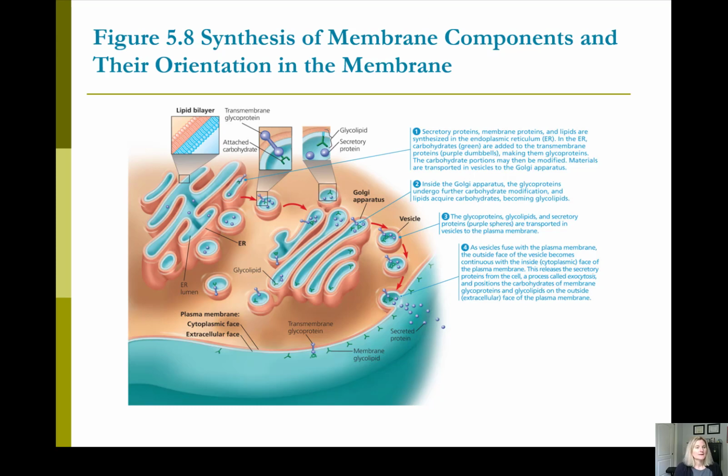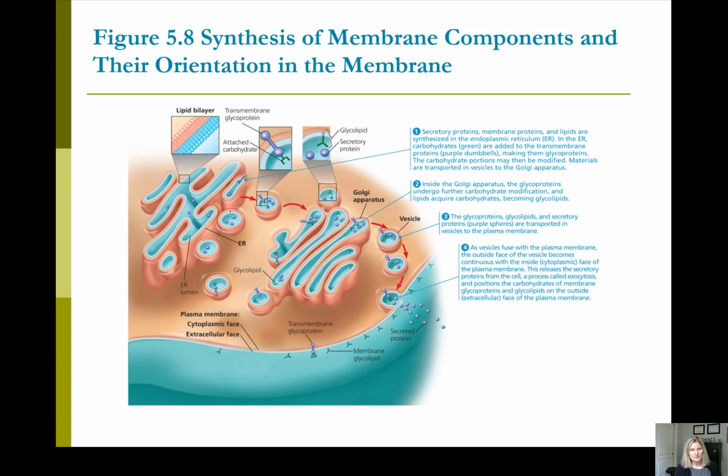All right, and then finally, how do we get more plasma membrane? We talked about the endomembrane system last week. So remember how the endomembrane system works, where the components of the rough ER and the smooth ER are going to be transported from the endoplasmic reticulum to the Golgi apparatus. And how are they transported? Well, the membrane of the endoplasmic reticulum is just going to pinch around it, right?